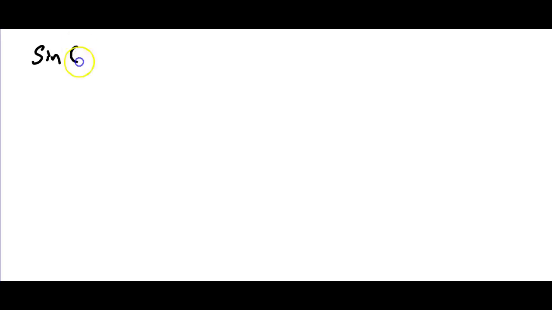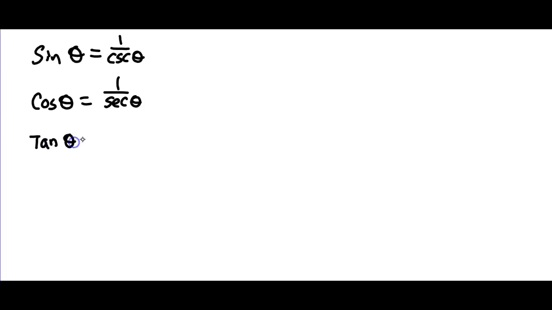The sine of theta is equal to 1 over cosecant. You can say that the cosine of theta is equal to 1 over the secant. And you can say that the tangent of theta is equal to 1 over cotangent. And we can go the other way.